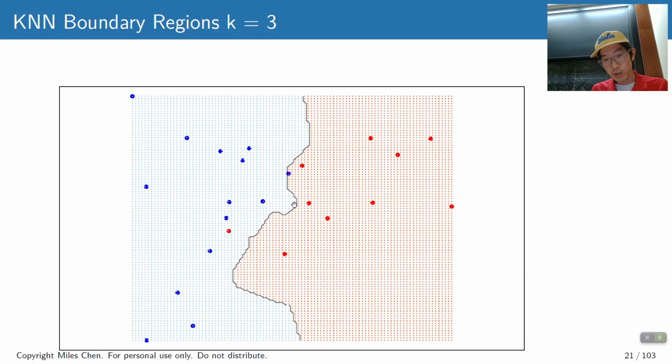As soon as you cross over to here, your three nearest neighbors are these two red points and this one blue point, and so these points get classified as red. This forms the boundary between red and blue. Here it is for k equals 5. Here it is for k equals 7.